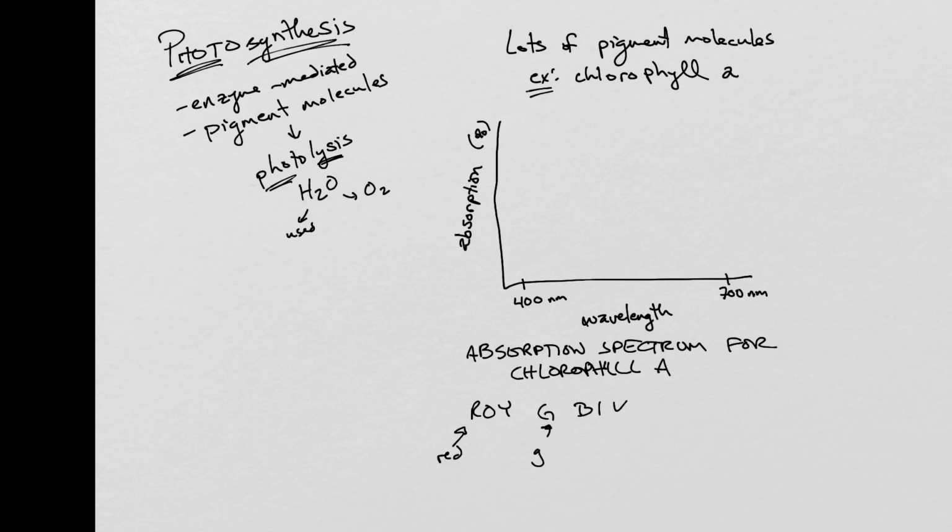Then we have green. Then we have blue, indigo, and violet. If you flip this around so that it's Vib G. Yor, you'll get how everything sits on our absorption spectrum, because violet light has a wavelength of 400 nanometers and red light has a wavelength of about 700 nanometers. So you can see how this spectrum here fits with this right here.